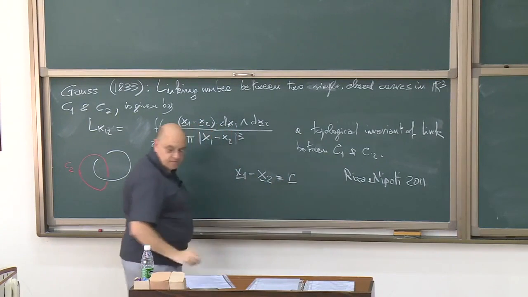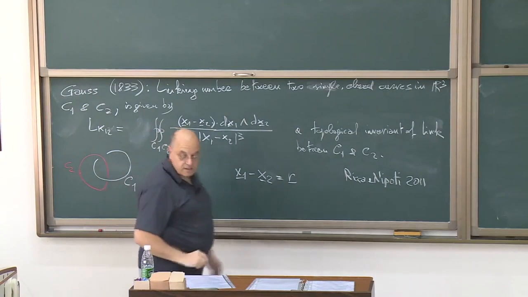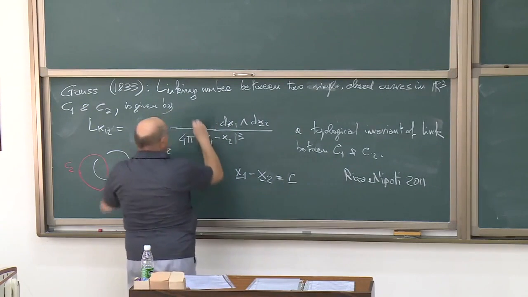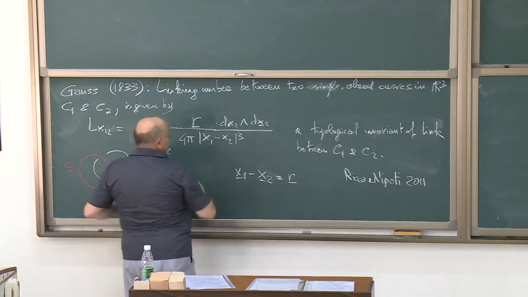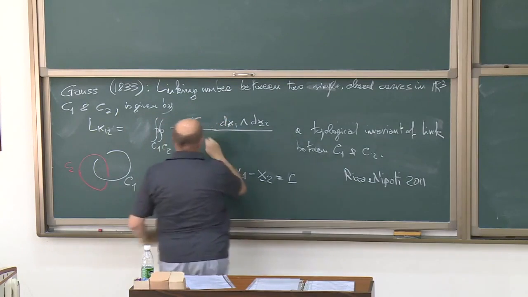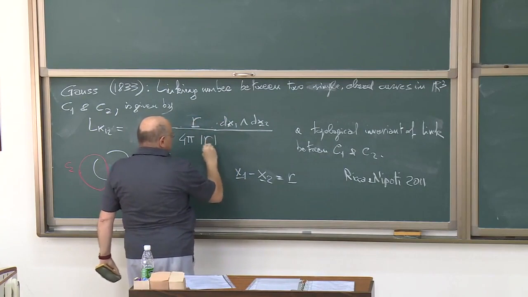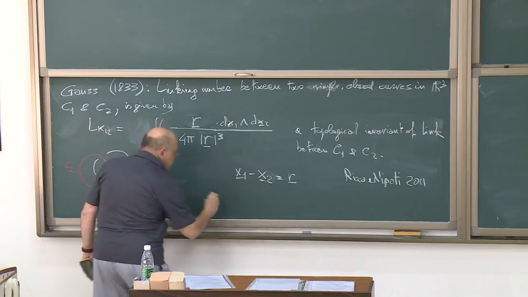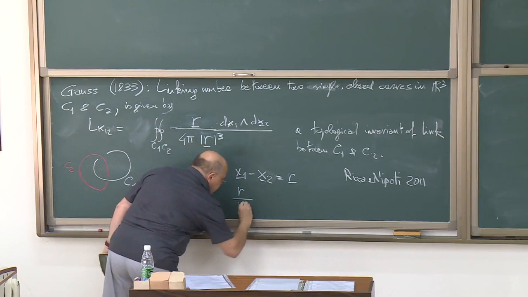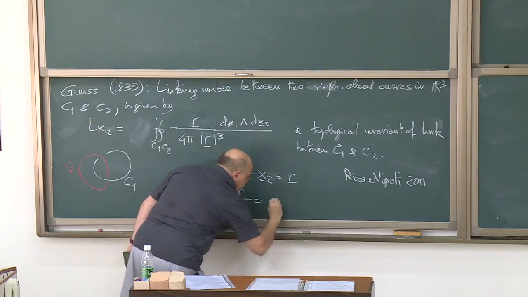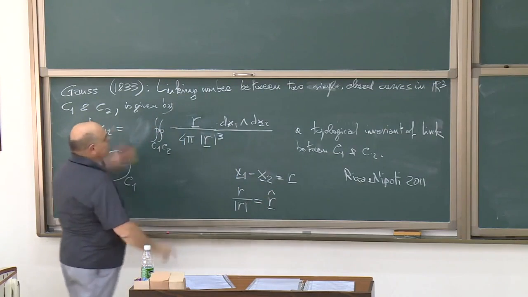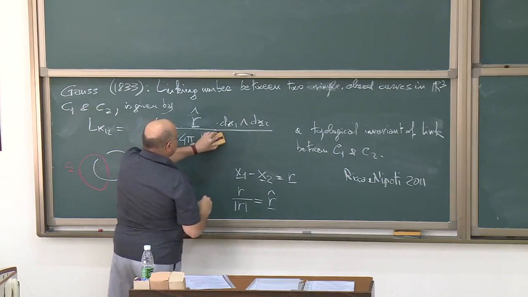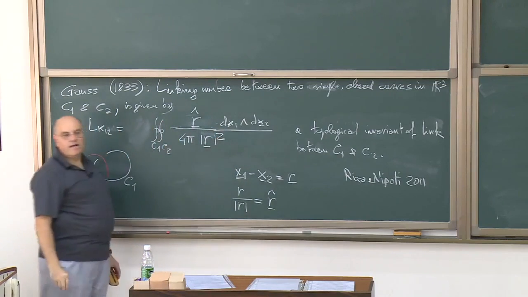It is a vector. Then we notice that R divided by mod R is a unit vector, right? So I simplify one R here, I put a hat, and I have this.